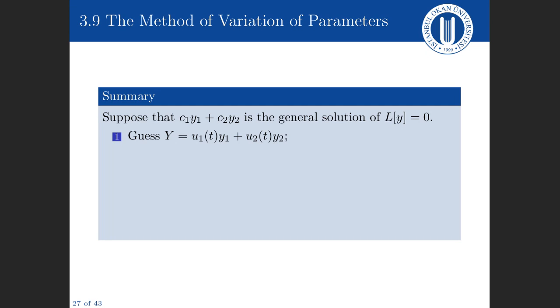We guess that our particular solution looks like the general solution to the homogeneous equation, but instead of constants c1 and c2, we guess that we have functions u1 and u2. To stop our calculation getting too complicated, we make an extra condition, and it's always the same extra condition. We always assume that u1 prime y1 plus u2 prime y2 is equal to 0.